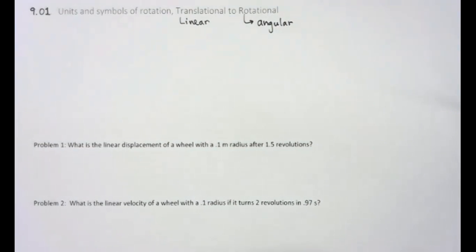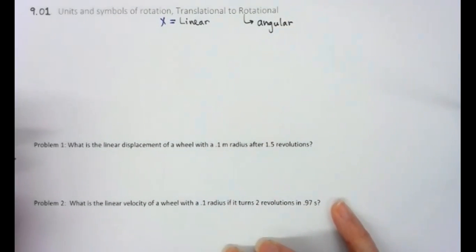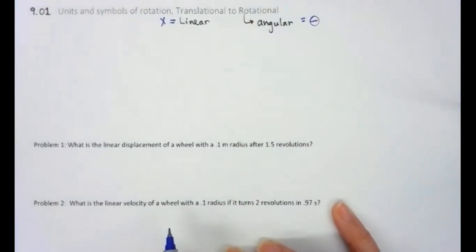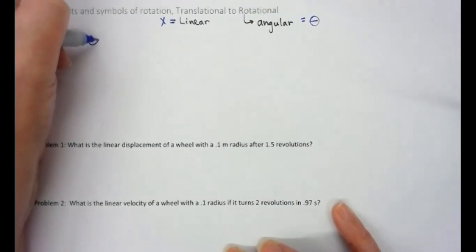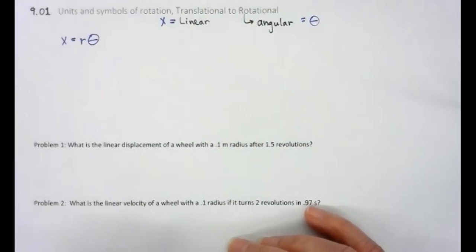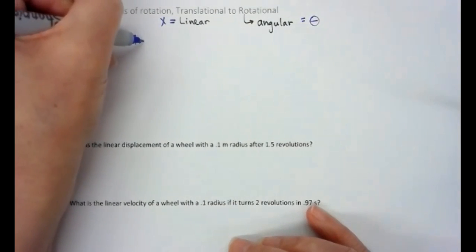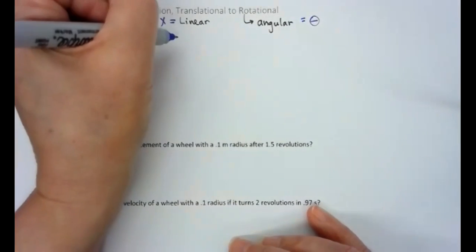There's actually a formula that's going to relate the two. My linear distance, my symbol for that is x, but my angular displacement is going to be theta. And the relationship between these two is that my linear distance is equal to the radius times theta. So this ties together my translational and my rotational.